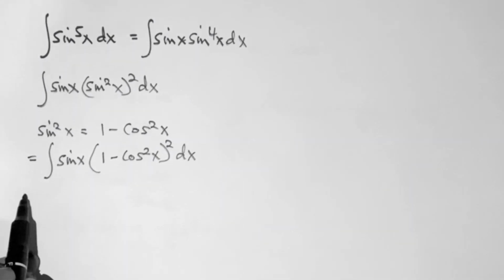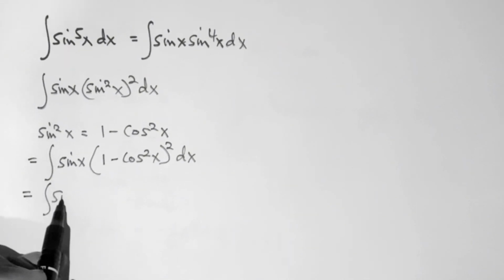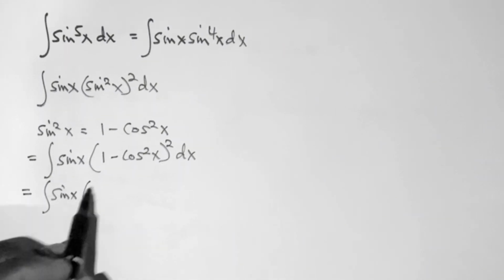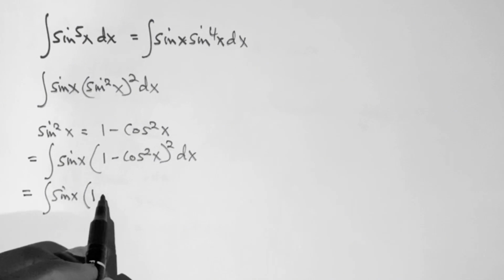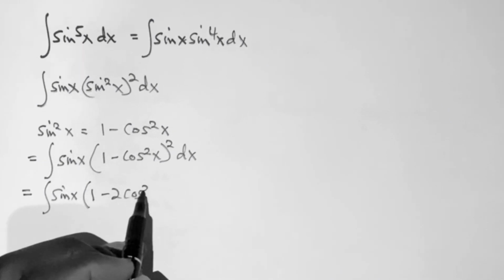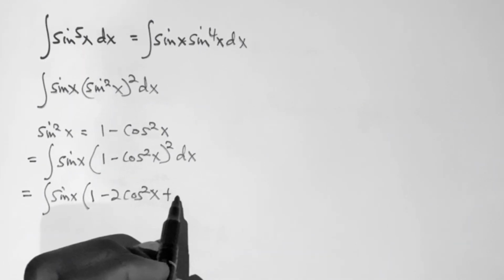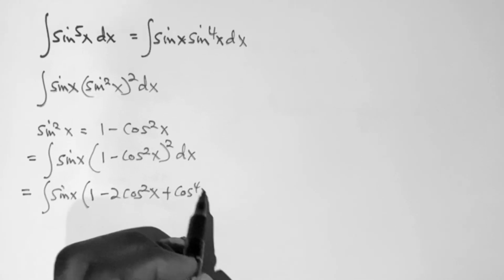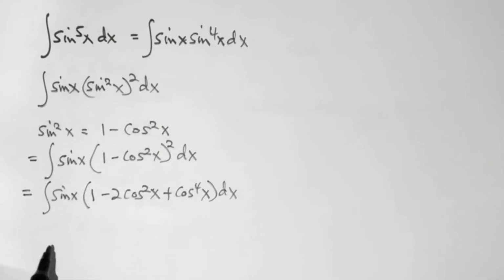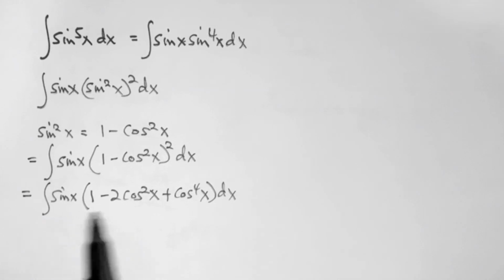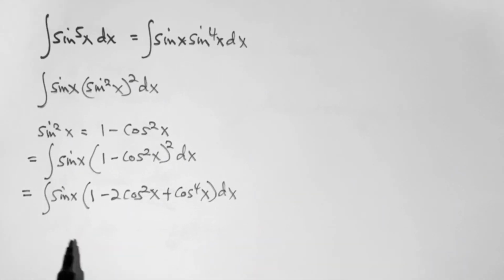When we expand this, it becomes the integral of sine x, then expanding, 1 squared is 1, then minus 2 cos squared x, then plus cos exponent 4x dx. We can then break the integral into smaller integrals.